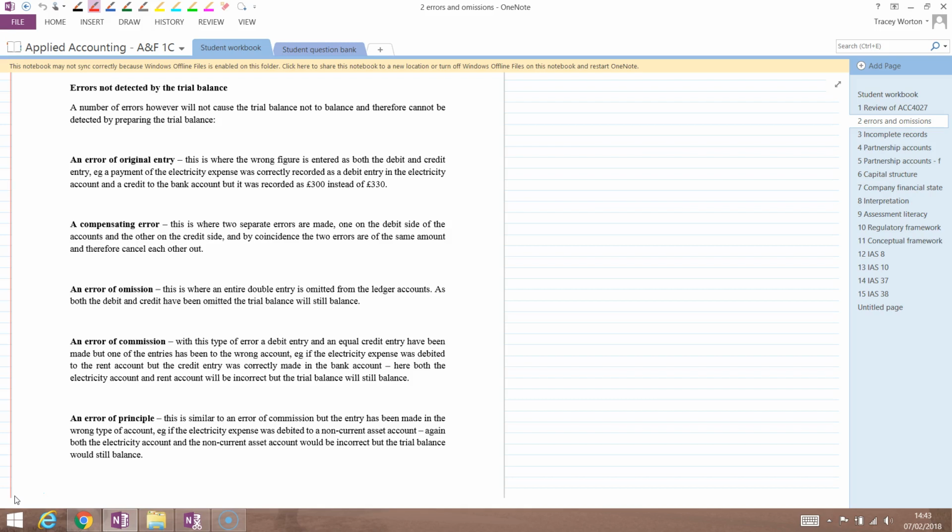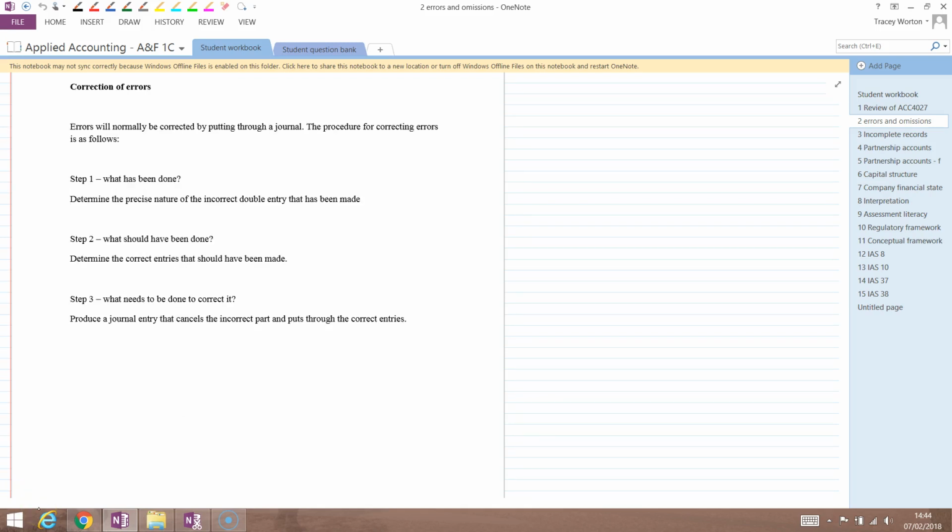Or there could be an error of principal, similar to an error of commission, but this time an entry has been made to the wrong type of account. So instead of an electricity expense account being debited, it's been put through to a non-current asset account. Again, the debit is made, but to the incorrect account.